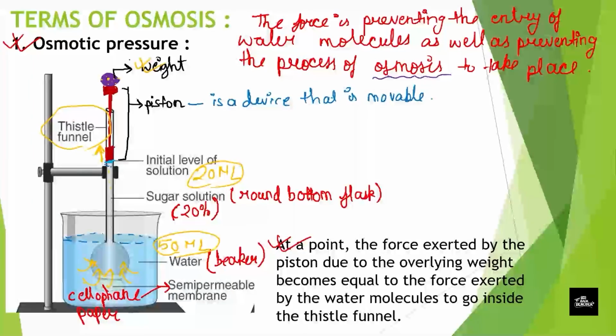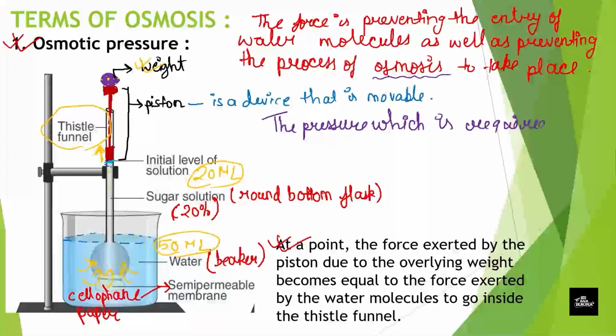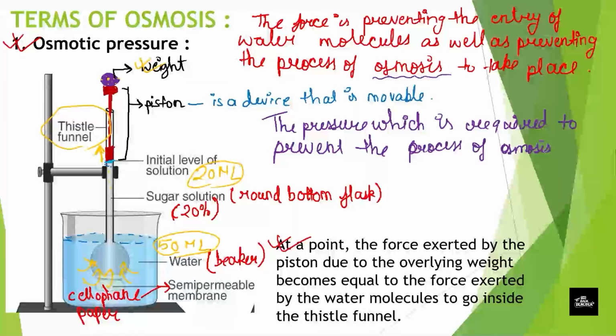So we can say that osmotic pressure is the pressure which is required to prevent the process of osmosis to take place. That is all about osmotic pressure.